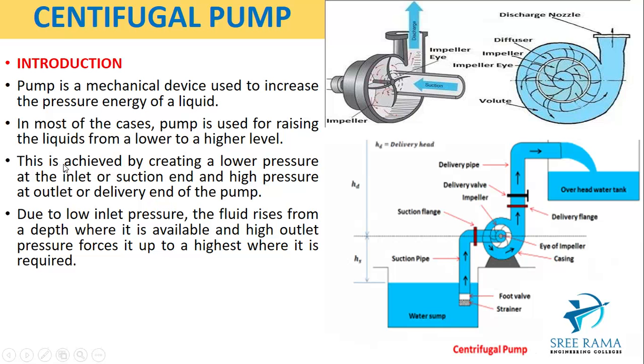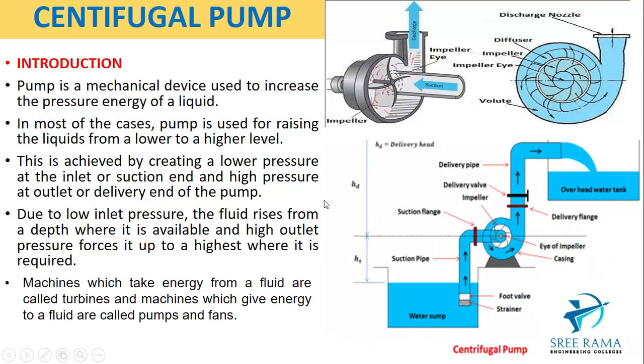This is achieved by creating lower pressure at the inlet or suction end and higher pressure at the outlet or delivery end of the pump. Due to low inlet pressure, the fluid rises from the depth where it is available, and high outlet pressure forces it to a height where it is required. So the pump works automatically.